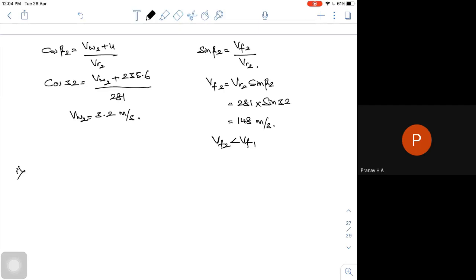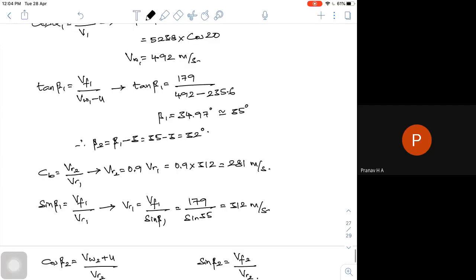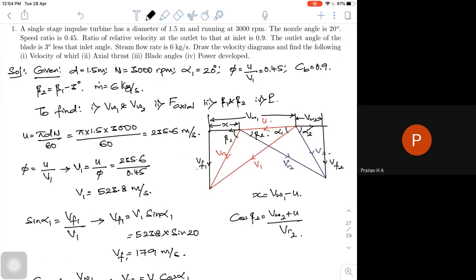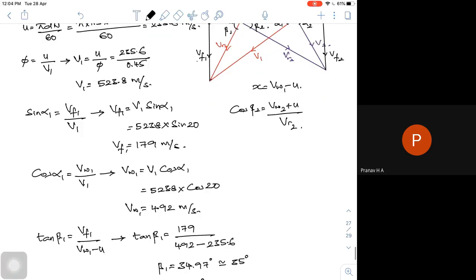Now if I want to find delta VW, this is VW1 minus VW2. If you look at the velocity triangle, VW2 is in this direction and VW1 is in that direction.